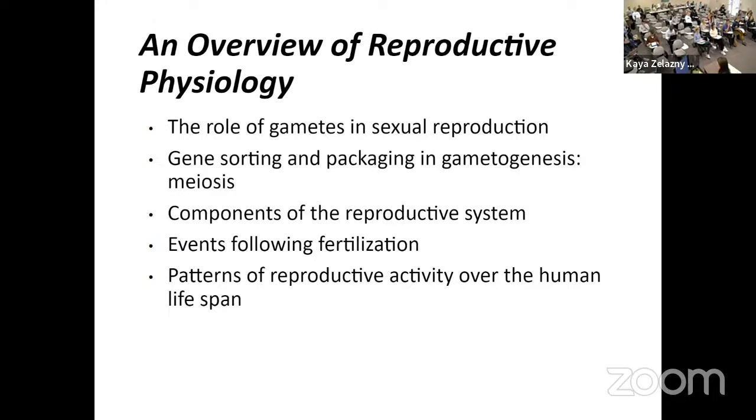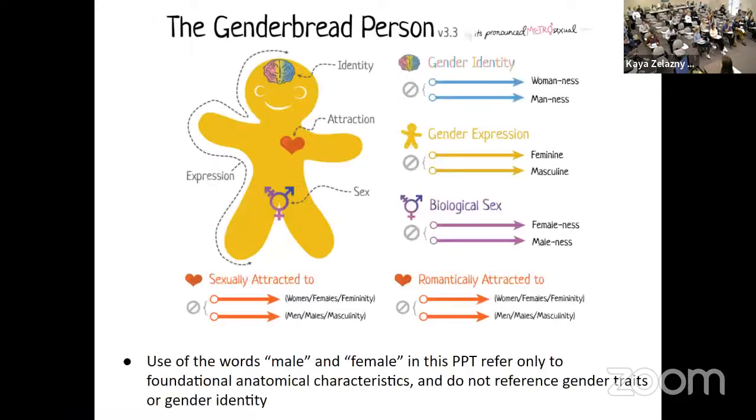I just want to make one note before we go into this, because I always worry a little bit or get a little bit tripped up as I'm trying to use precise language with you, but also be understandable. As we talk about male and female anatomy and physiology in this PowerPoint, there's a lot of other stuff that goes into people's lived experiences, gender identity, gender expression.